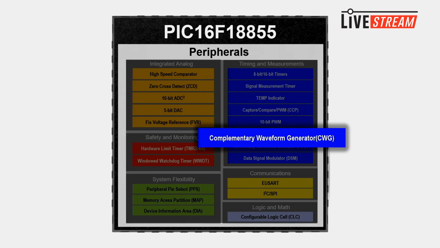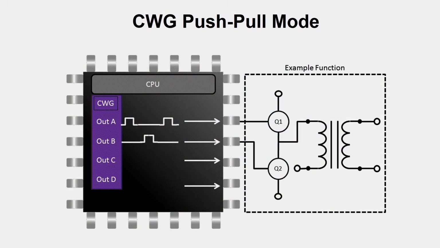Okay. Cool. So complementary waveform generator. This peripheral is pretty flexible for a lot of driving things. I'm going to show you some of its modes, and you will understand. This is push-pull mode, which is essentially used for driving a power converter or a transformer. This is how you usually drive an inductor.